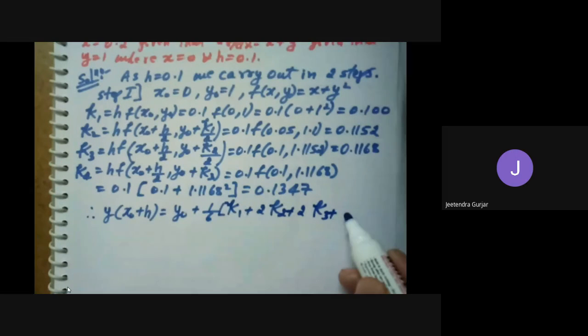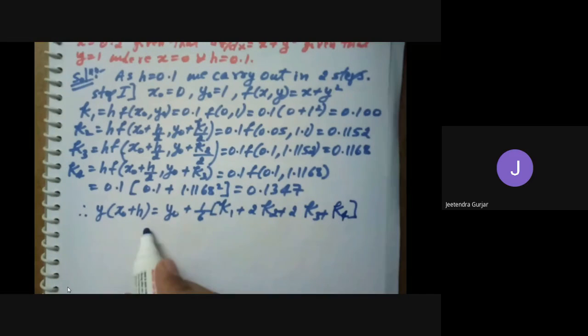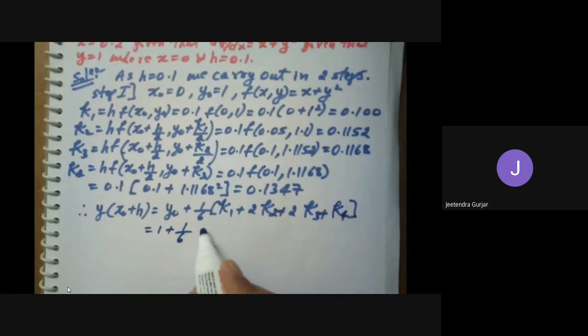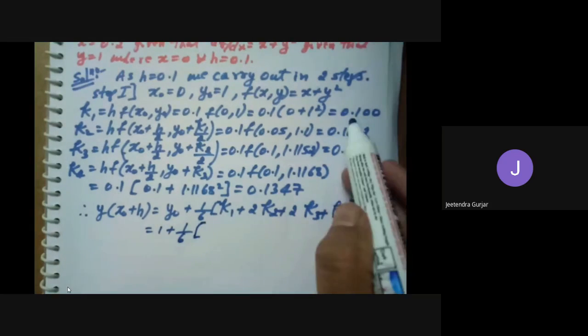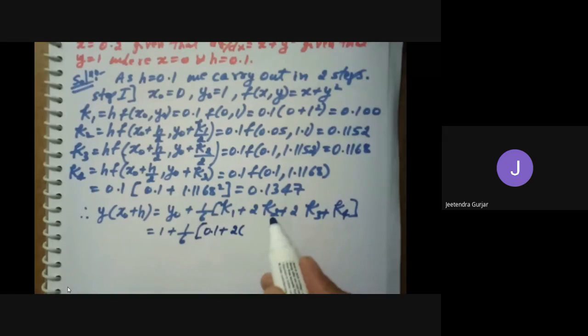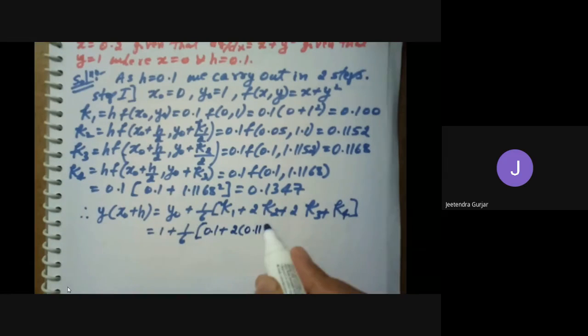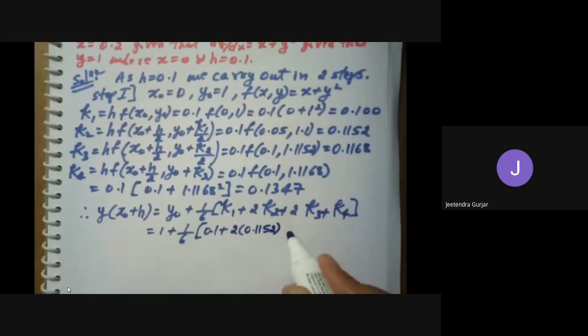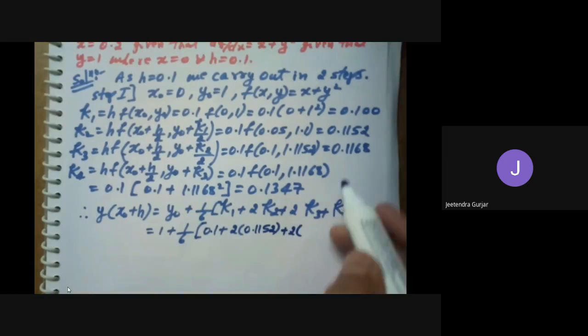Now substitute all the values in this. We get y naught is 1, plus 1 upon 6 remains as it is. K1 is 0.1, plus 2 times K2, which is 0.1152, plus 2 times K3, which is 0.1168, plus K4, which we get as 0.1347.